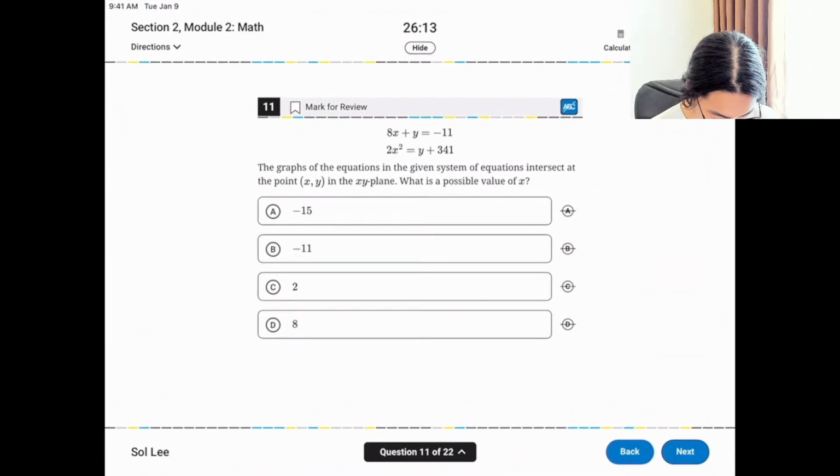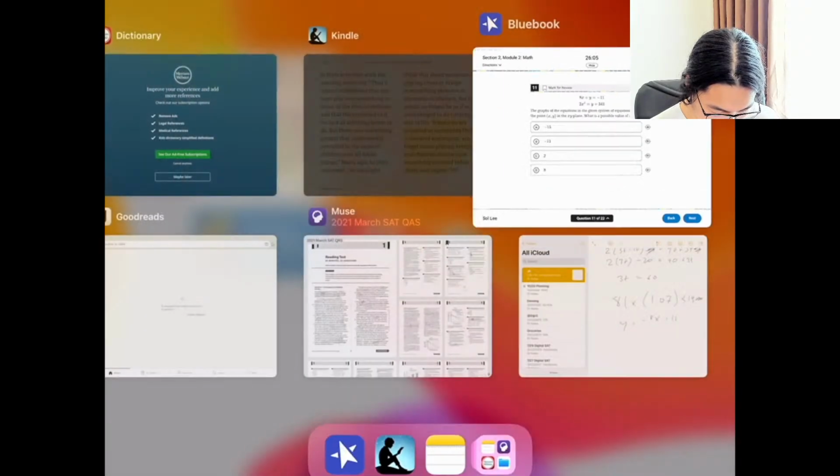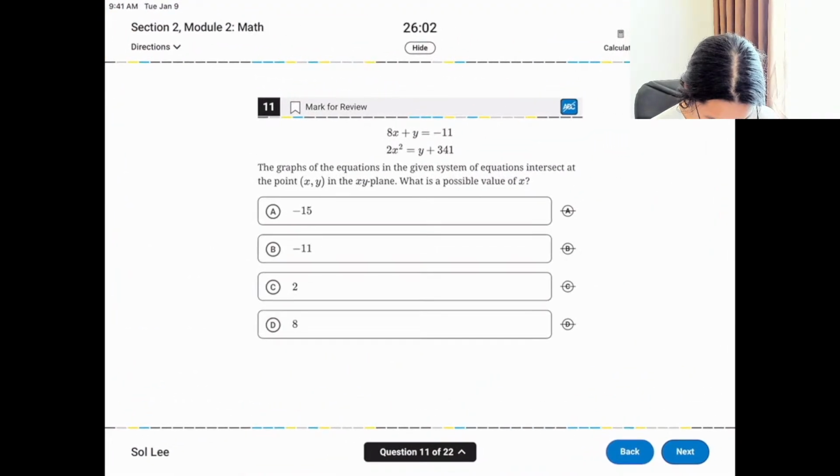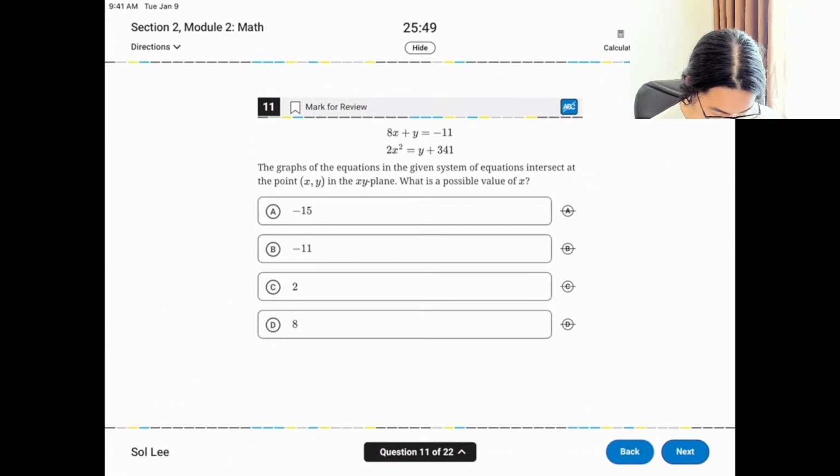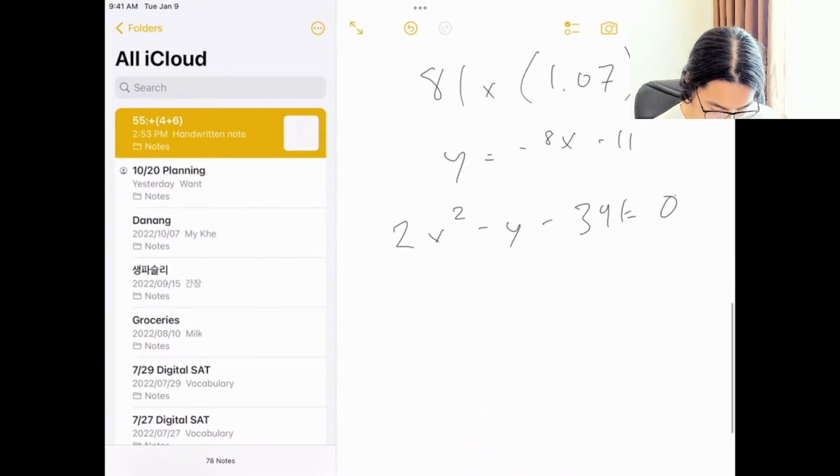Hang on, I'll do that the other way. 2x squared minus y minus 341 equals 0. So this is a lot of work, but 2x squared plus 8x plus 11 minus 341 is equal to 0, which is minus 330.